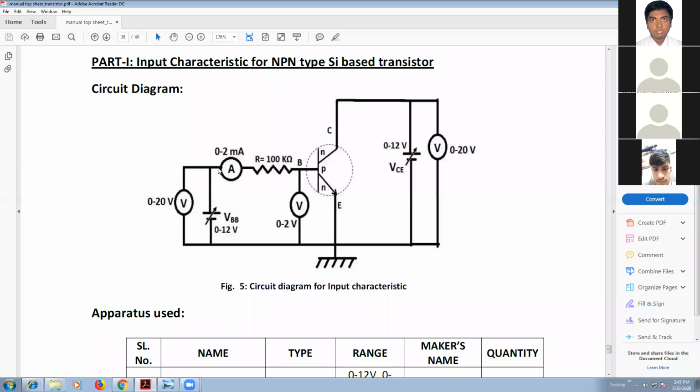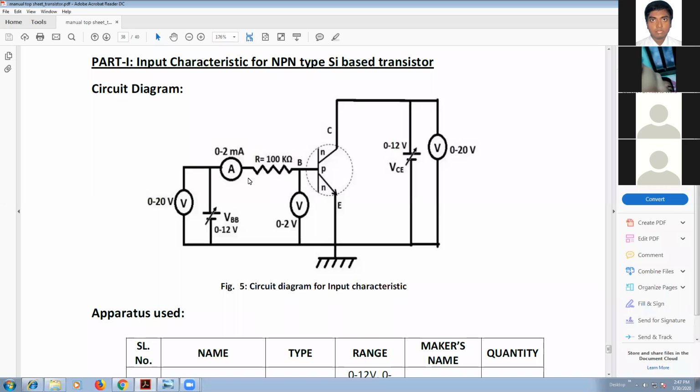Then the negative terminal of the ammeter we have to connect with the 100 kilo ohm resistor, and the other terminal of the 100 kilo ohm resistor you connect to the base. After that, the emitter is to be connected with the negative terminal of the power supply, which is called VBB.